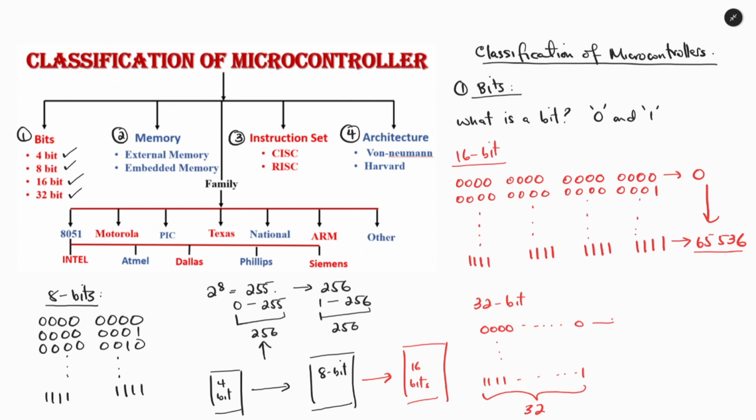And in terms of the decimal range, we have from 0 all the way to 4,294,967,296, and this is the range for a 32-bit microcontroller.